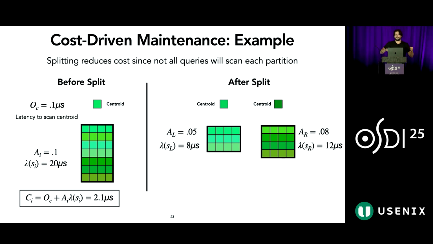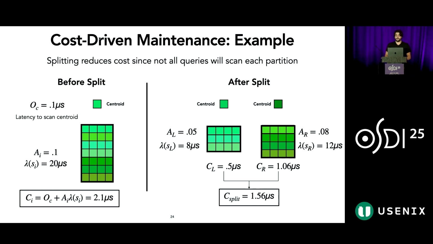Some will go left, some will go right, some will go both, but overall it will reduce the cost. So if you plug this into the cost equation, we see that in this toy example, the cost after splitting is about 1.56 microseconds. So that's reduced over the initial partition.